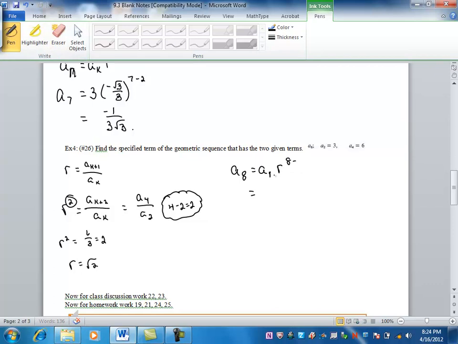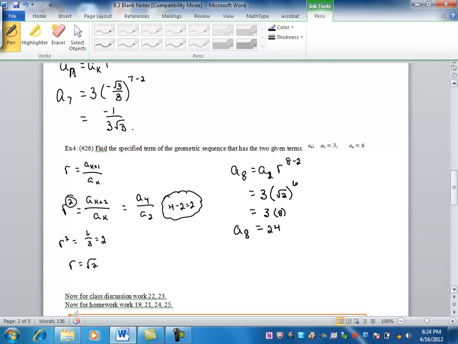A sub 2 here, 8 minus 2, so a sub 2 is 3. My ratio is the square root of 2 raised to the 6th power, and when you multiply that out, we get 3 times 8, which is 24. So there is my 8th term.